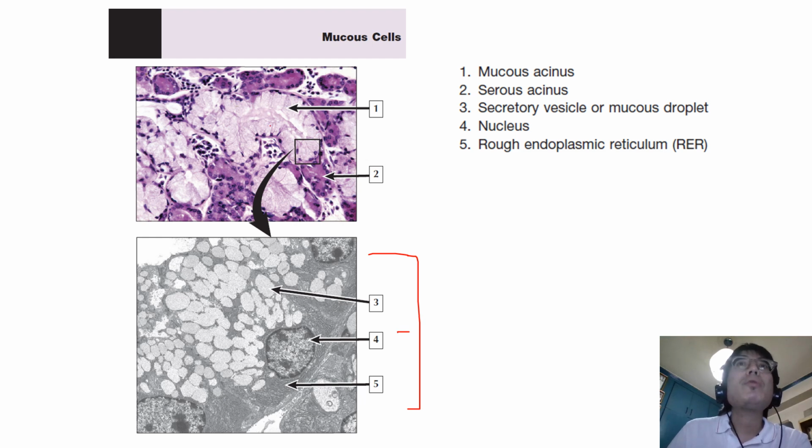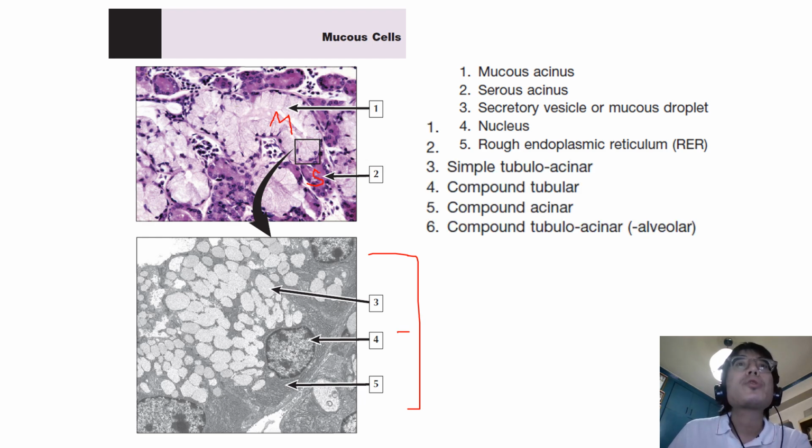This is a mucus acinus, and the darker stained structure is a serous acinus. Seen in EM is a secretory vesicle or a mucus droplet. Of course, a prominent nucleus over here, and below it, RER or rough endoplasmic reticulum.